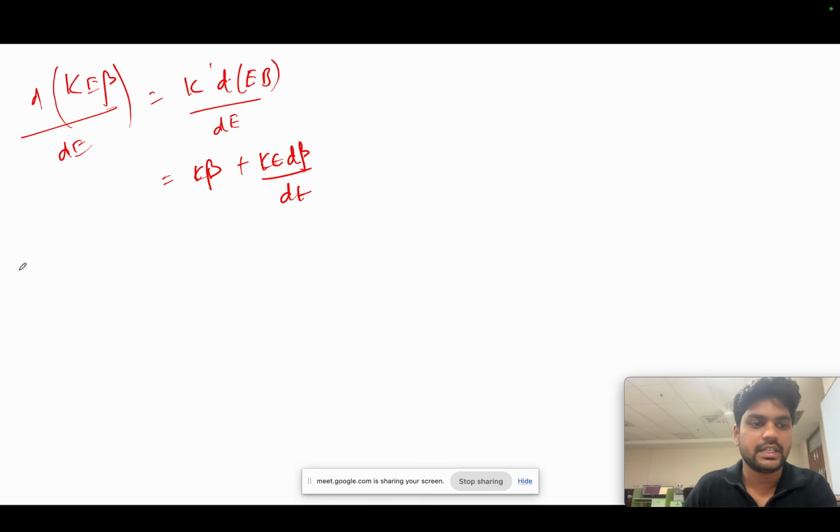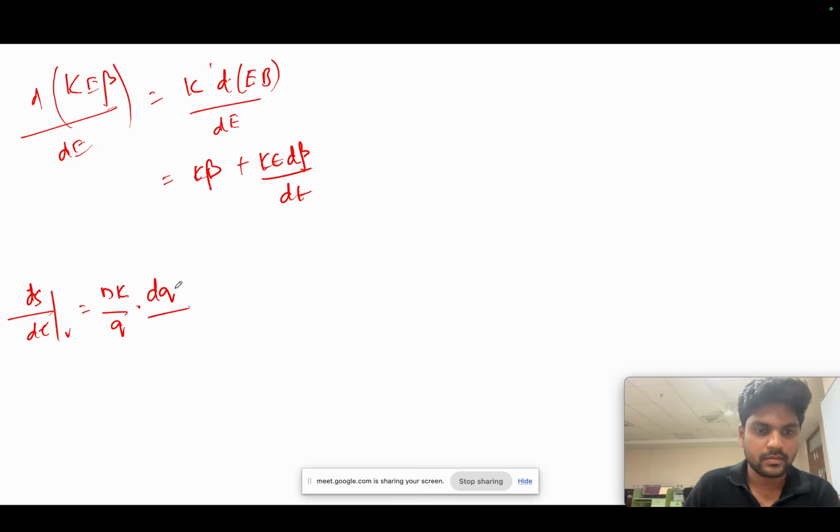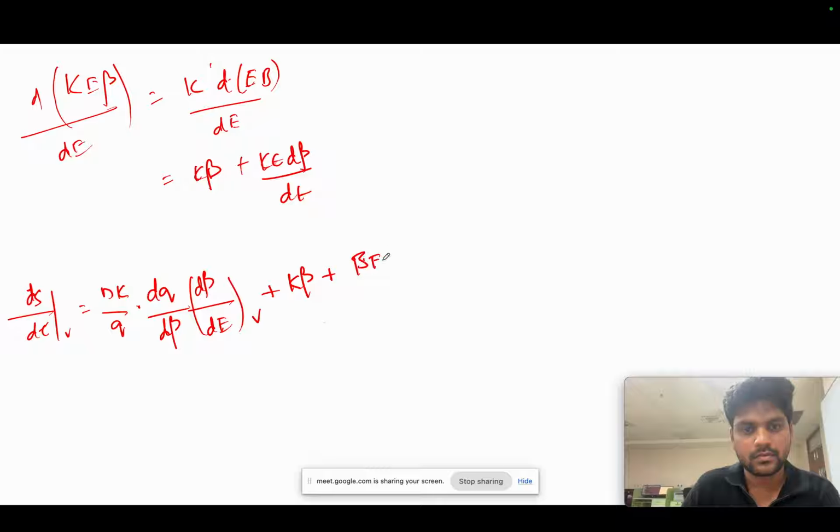So I have written the whole formula in one sentence, and this is the final equation which we got.